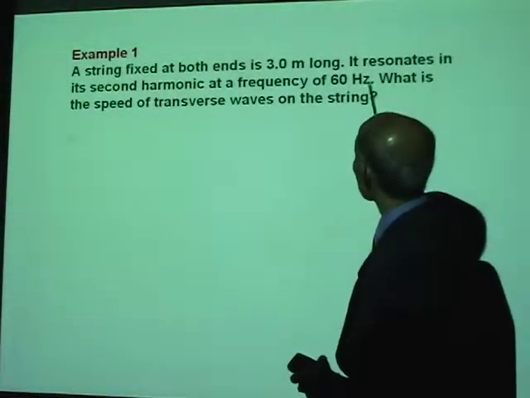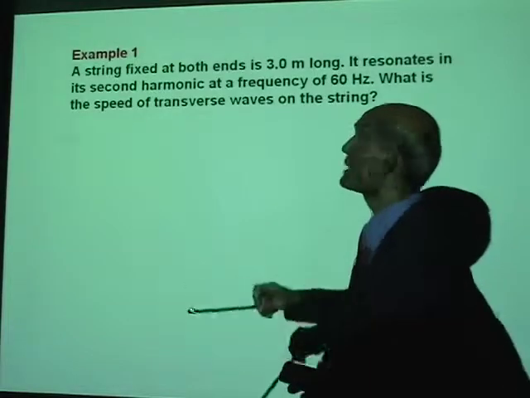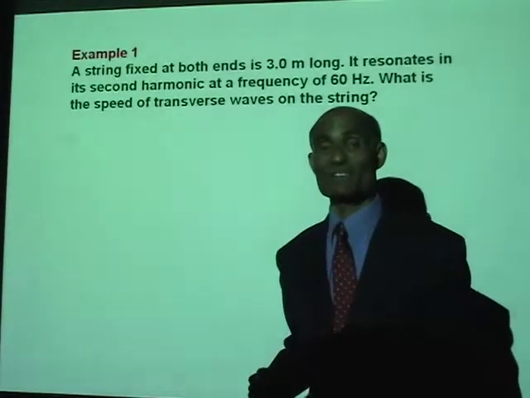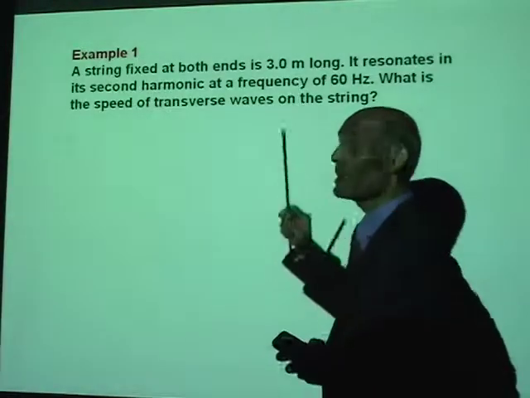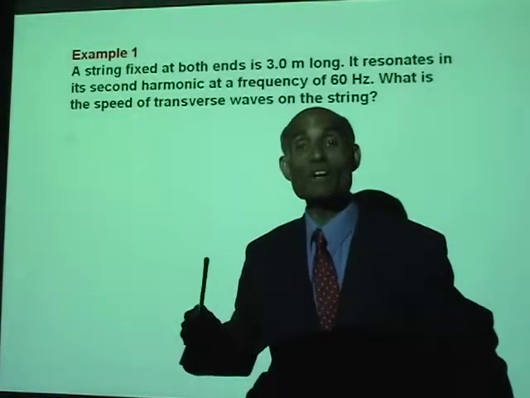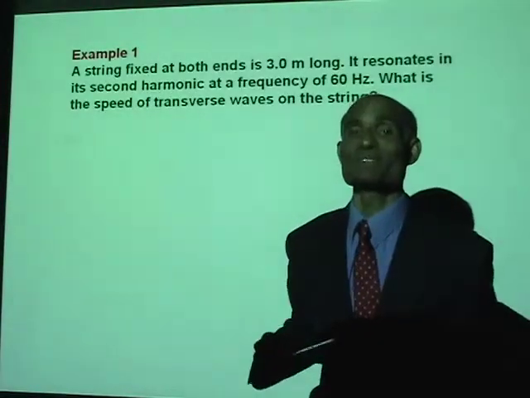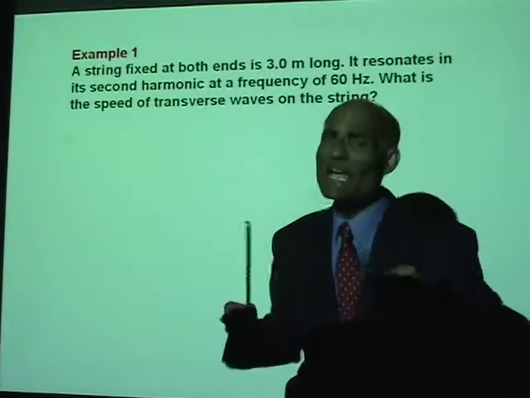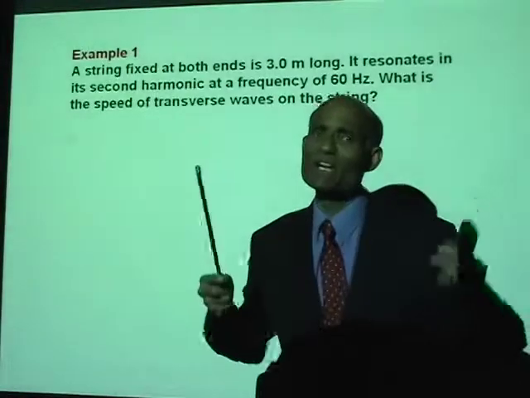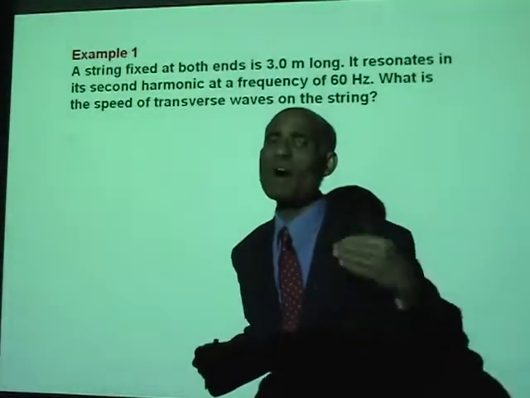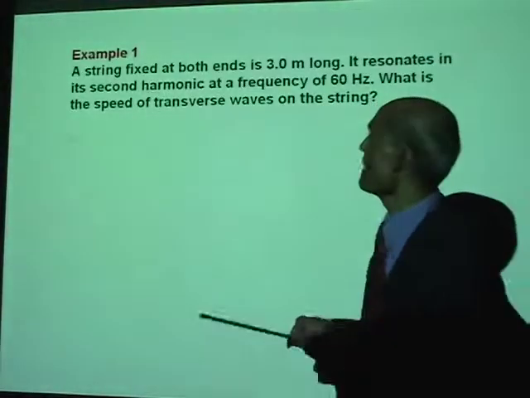Alright, and the frequency of the second harmonic is 60 Hertz. Alright, if the frequency of the second harmonic is 60 Hertz, what is the fundamental? I'm simply asking you this to take you back, to see whether you are in sync with what I'm talking about.